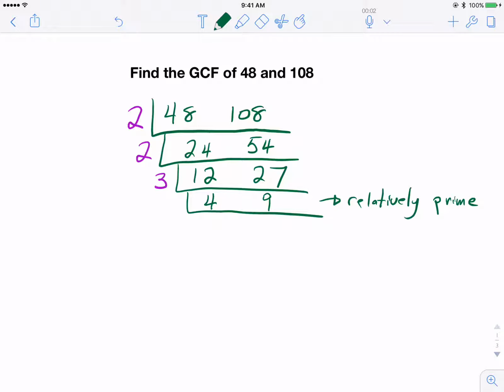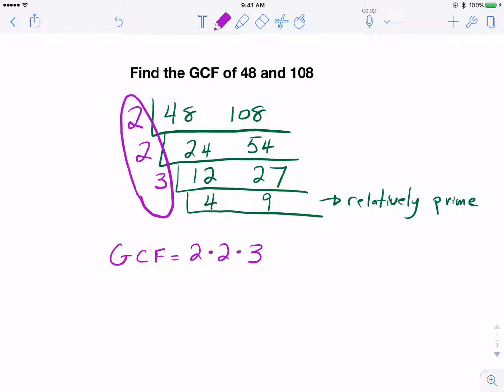So how do we take this from the way it looks right now and use it to ultimately answer the question? We're looking outside the ladder, the purple that we wrote. All of these common factors we're going to take into consideration, and we're going to multiply them together to give us our GCF. It kind of makes sense.